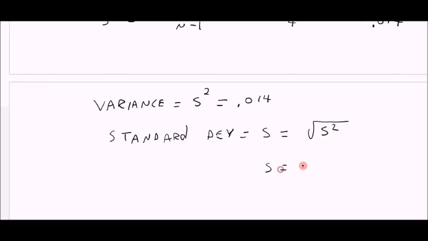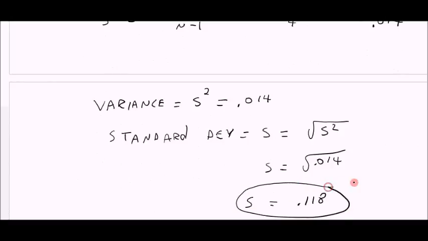So we're going to take the square root of 0.014, and the square root of 0.014 is equal to 0.118. So this would be the standard deviation of the data set, and here was the variance of the data set.